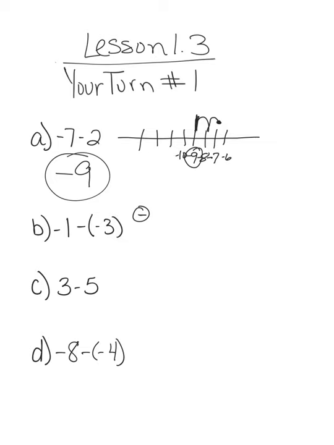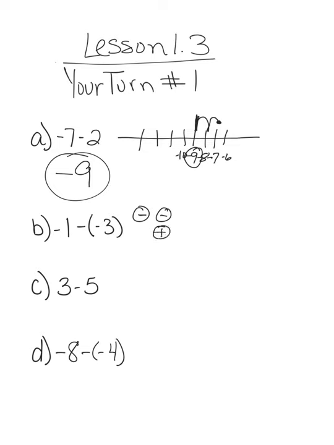So for part B, I'm starting with a -1, and I'm taking away from that 3 negatives. But I'm starting with 1 negative, so I can't take away 3 negatives yet. So what I need to do is add in 0 pairs. So I'm going to add in a 0 pair.